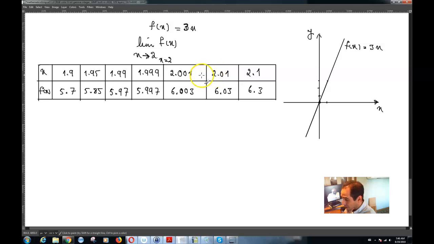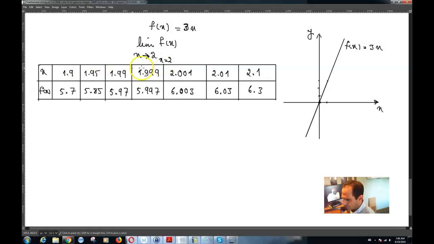So as you can see, as I get closer to 2 from the right, the values are getting closer and closer to 6.